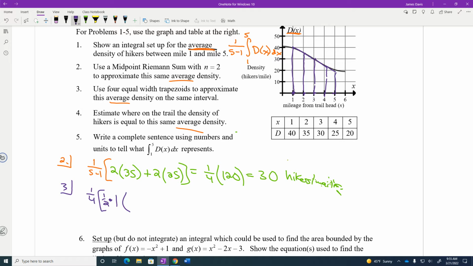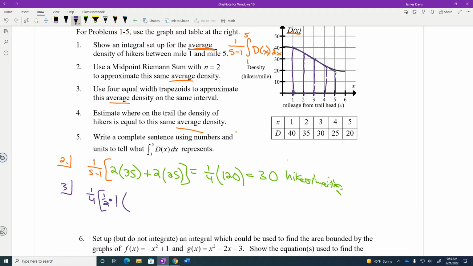There was also this shortcut that we used when we did trapezoids, where the outer ones are only going to be used 1 time, whereas the inner ones get doubled. So you could do that as well.